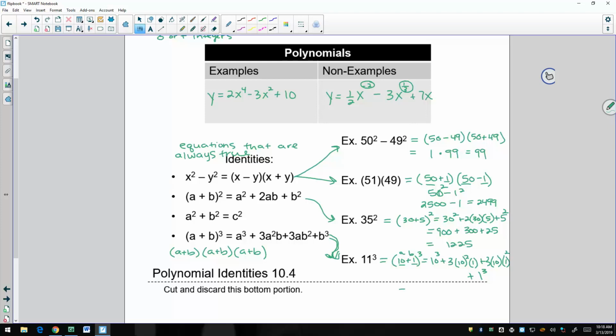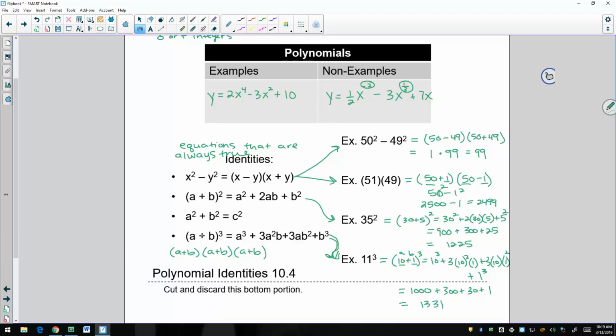Now you can evaluate that in your head. So 10 cubed is 1,000, 3 zeros, plus 10 squared is 100, times 1 is 100, times 3 is 300. 1 squared is 1, times 10 times 3 is 30, and then 1 cubed is 1. And now add all of that up, you get 1,331.